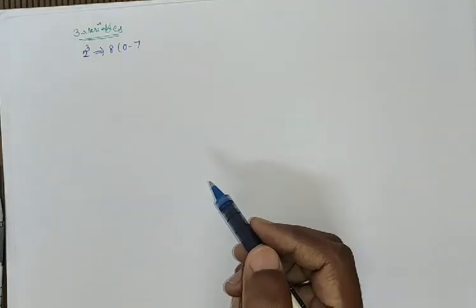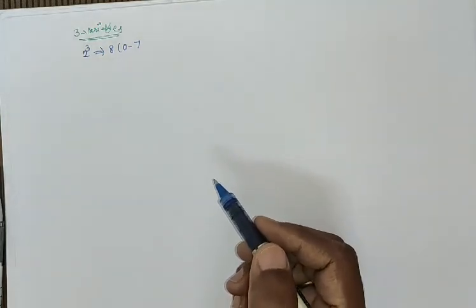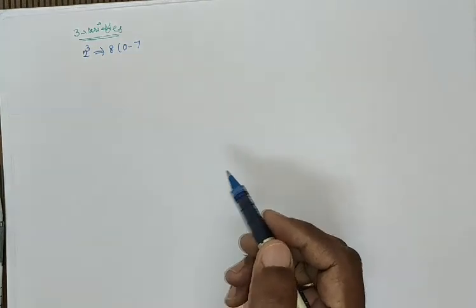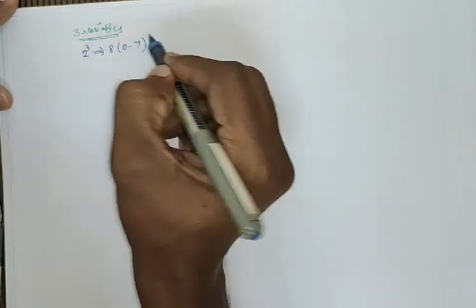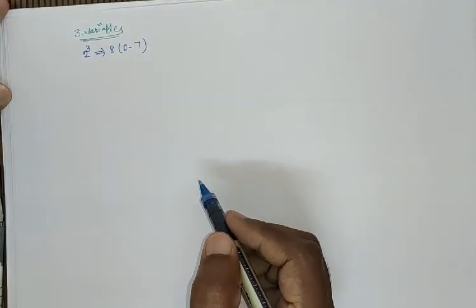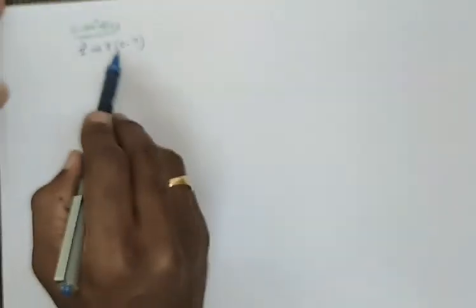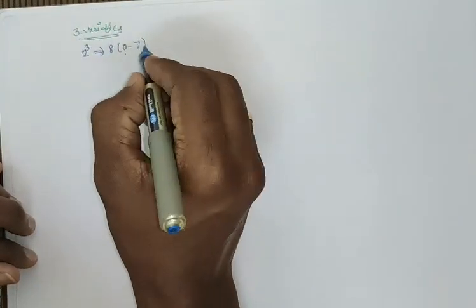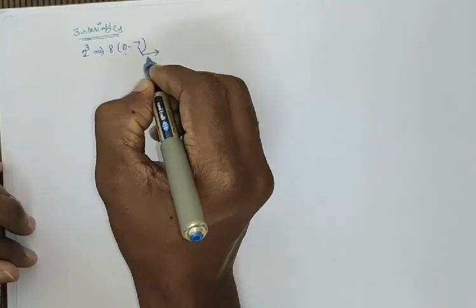How to represent the 0 to 7 minterms in a K-map? That we'll discuss. First, how many bits are required to represent the numbers 0 to 7? Here the minimum number is 0, the maximum number is 7. Since we have three variables, it is a 3-bit representation. The maximum number 7 in binary is 111, so the maximum is 3 bits. That is a 3-variable representation.